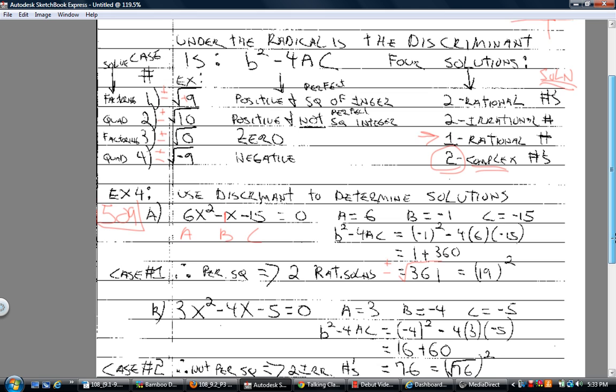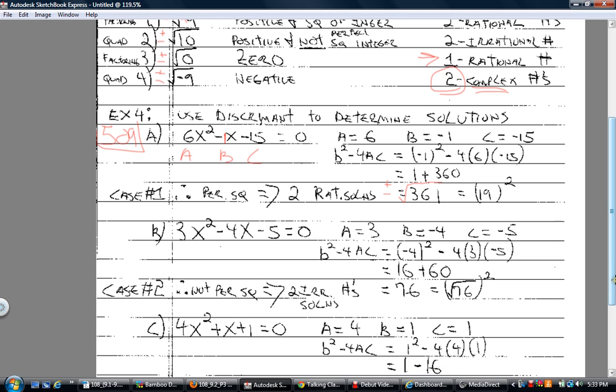Now, example B. If you look in the book here real quick, they try to trick you. Oh boy, they think they're scary, but they're not. Minus 4x equals 5. Here's how the original problem is given to you. Guess what you do?